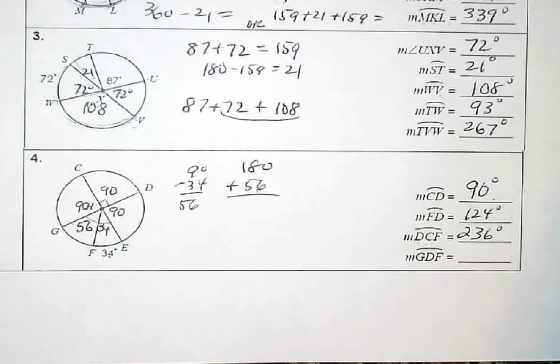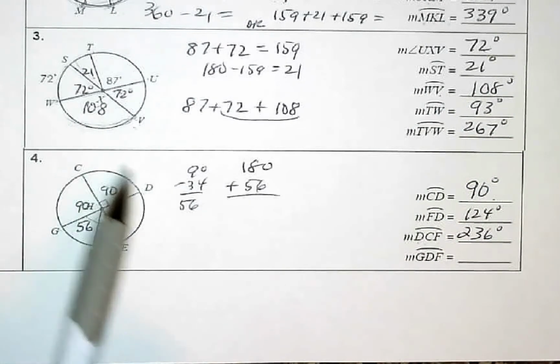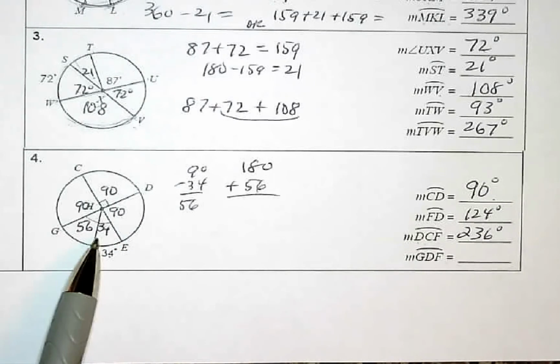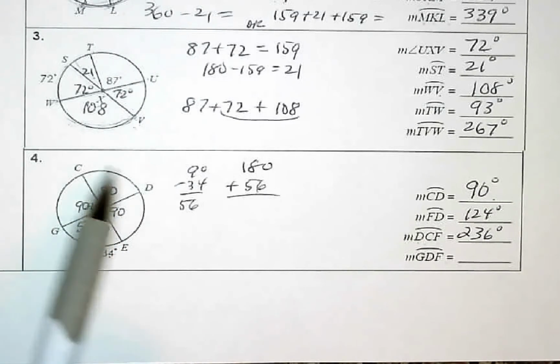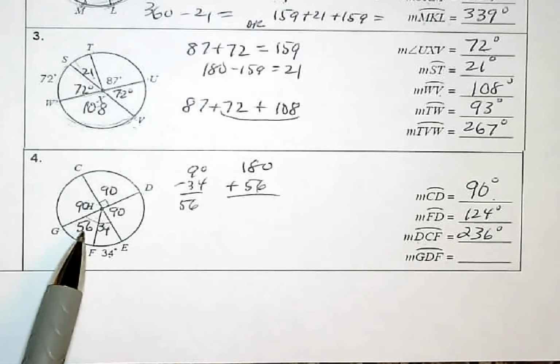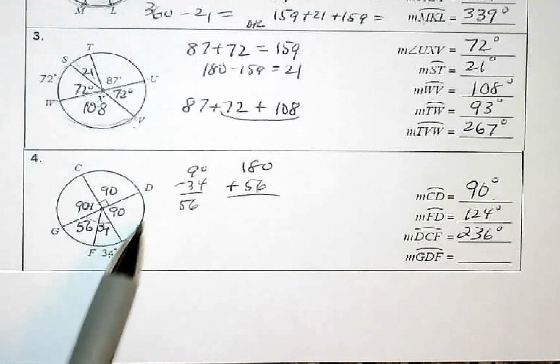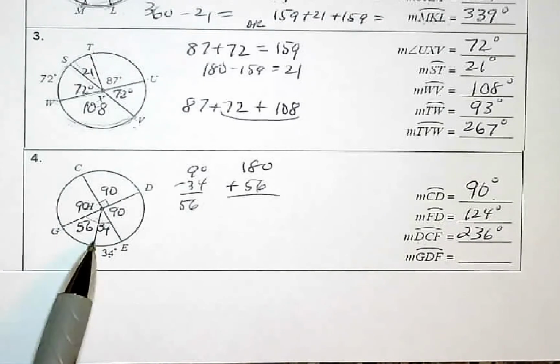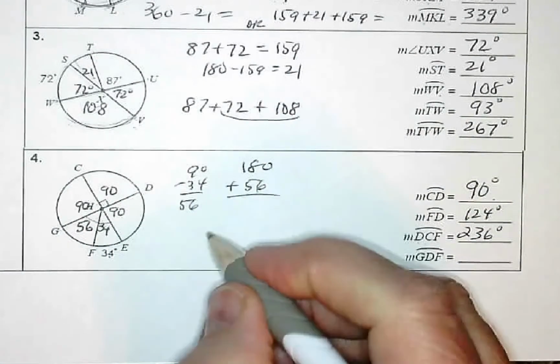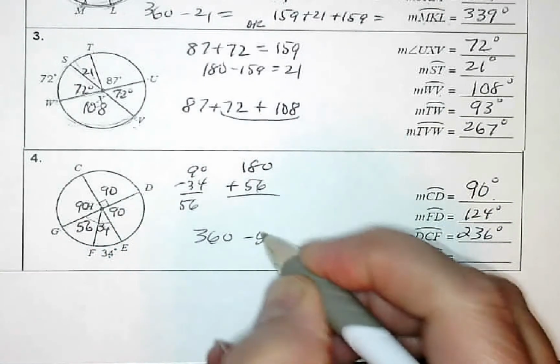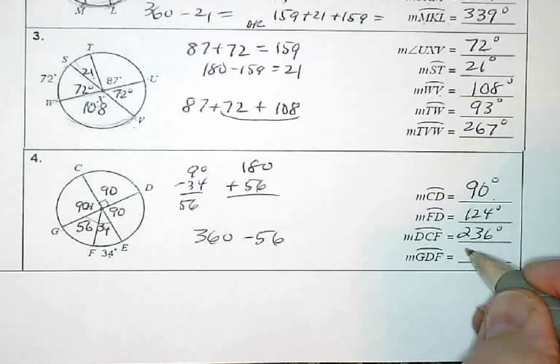And my last one, GDF, start at G, go through D, and stop at F. Okay, so basically that's everything except the 56. G, D to F. That's all the way around except for this little piece. So I would go ahead and take 360 minus your 56, and that's going to give you 304.